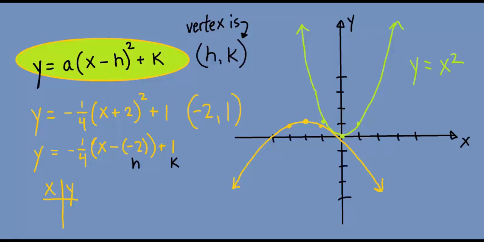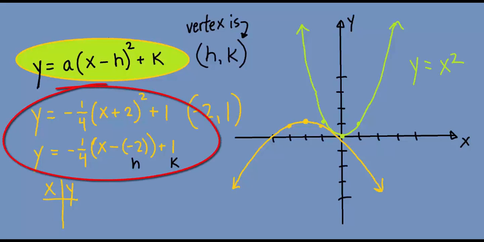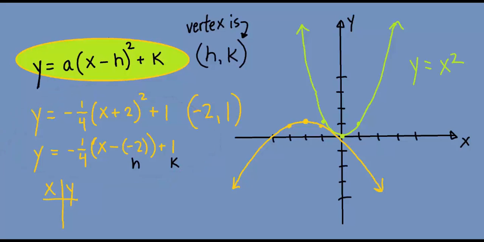So it looks like a +2 when it's simplified up here, but it's really a -2 for the x-coordinate of the vertex. So this particular quadratic makes a parabola with a vertex at (-2, 1), and it faces down because of the -1/4 out front, and it's wider than the parent graph because 1/4 is less than 1.